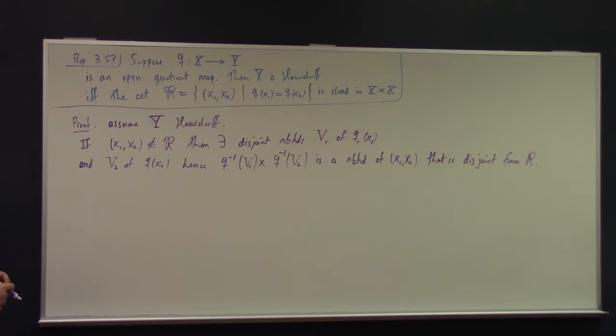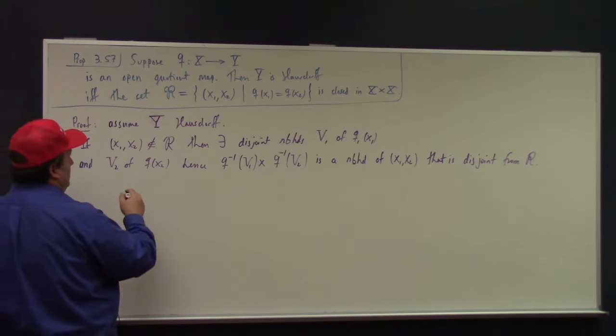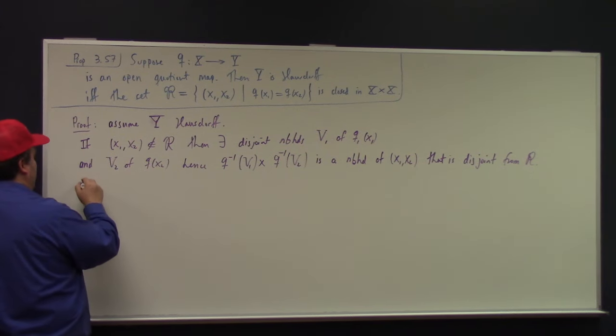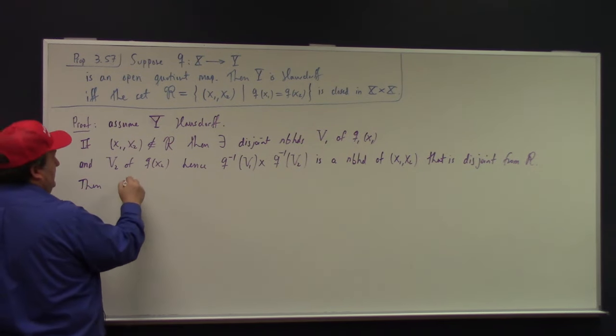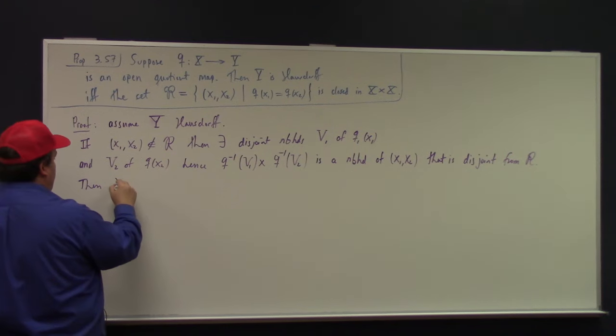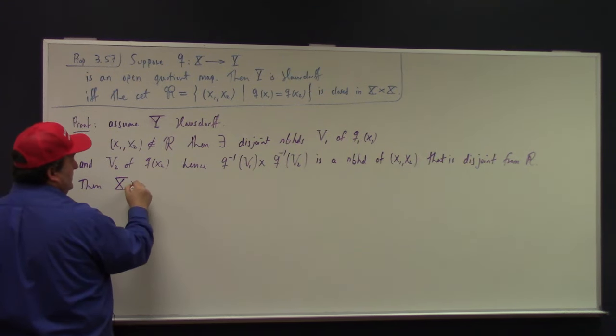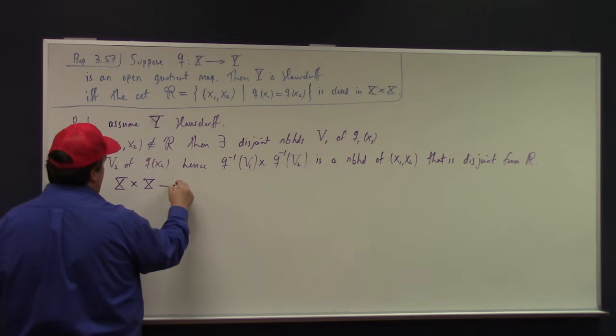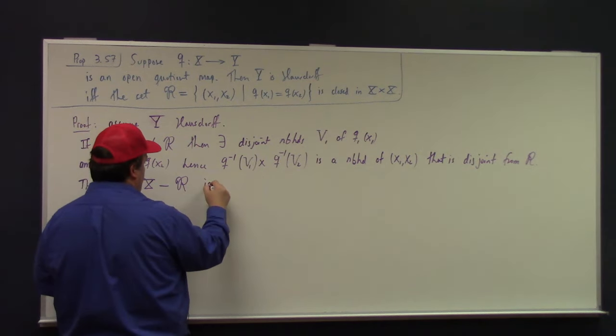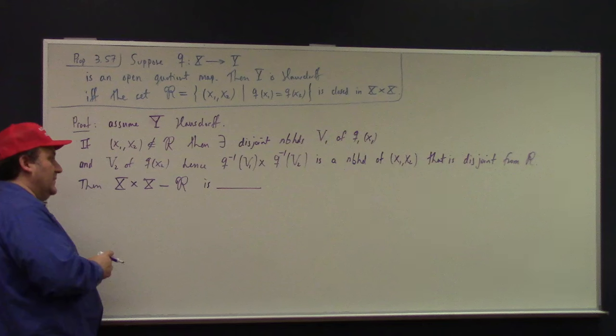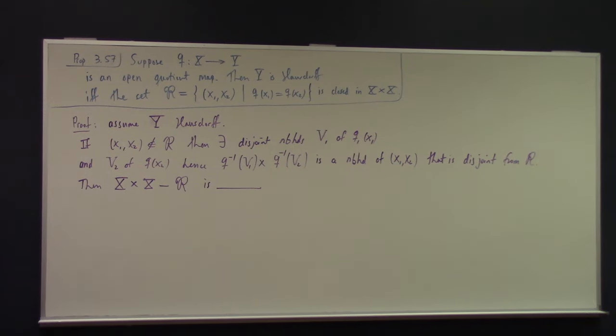(x1, x2), not in R, was arbitrary. So if we take X cross X and remove R from it, what does this argument show? We've shown that an arbitrary point in the complement of R in X cross X is an interior point, so this is open.